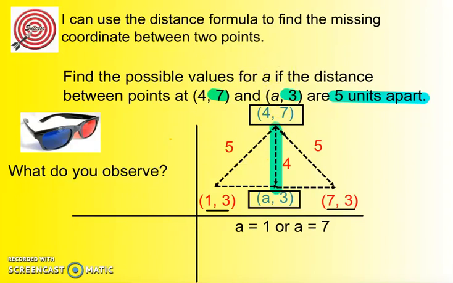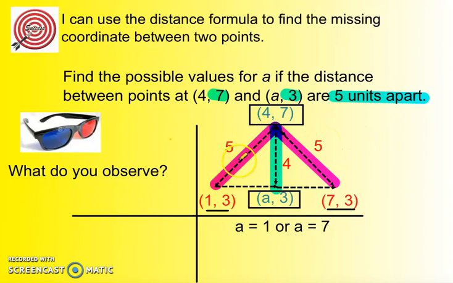So what we're going to do is we're going to actually make some pretend diagonal lines. We are going to make 2 diagonal lines, and they got to be a little bit longer than 4, because we're going to say that they are 5 units apart.